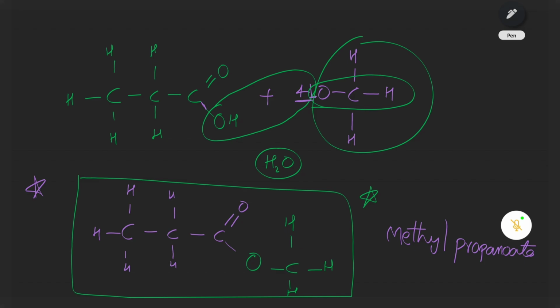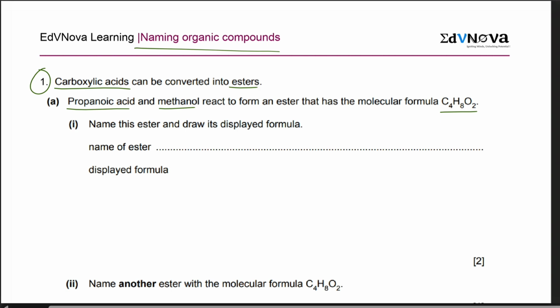Okay, again, when you're drawing the structure, make sure the carboxylic acid is first and the alcohol is second. But when you're naming it, the alcohol will come first and then the carboxylic acid will come next. Okay. Now, what is the name of the ester? The name of the ester is methyl propanoate.